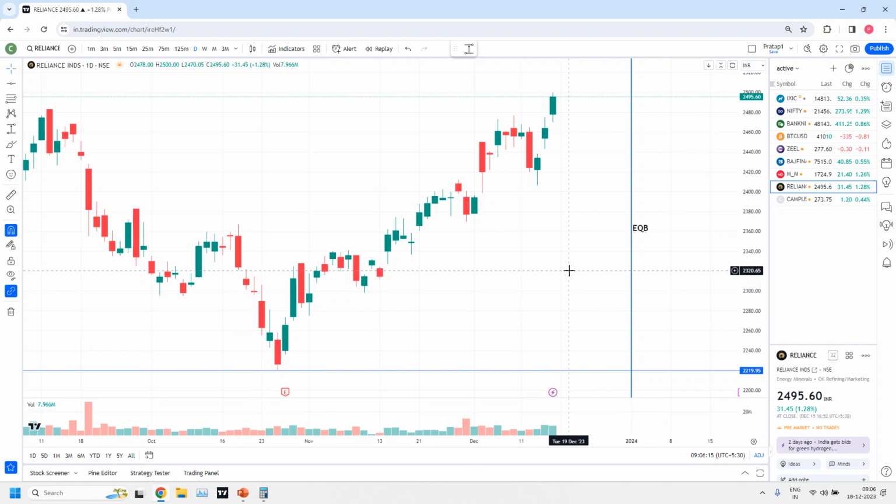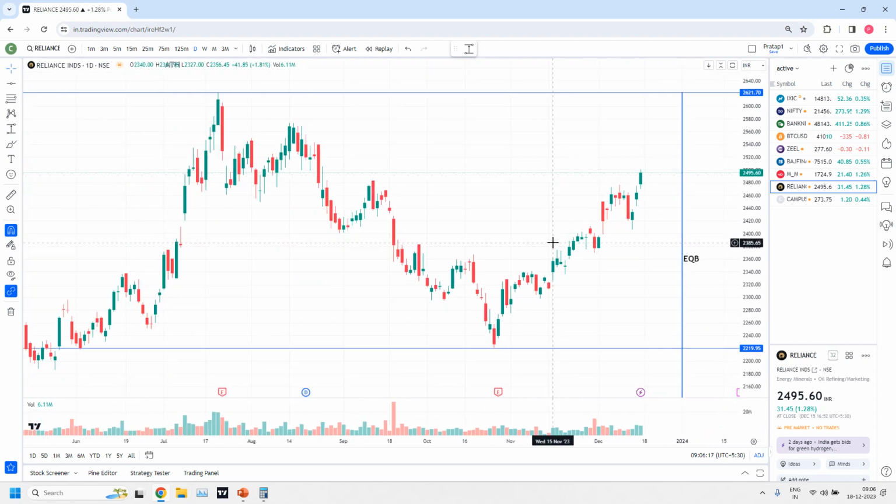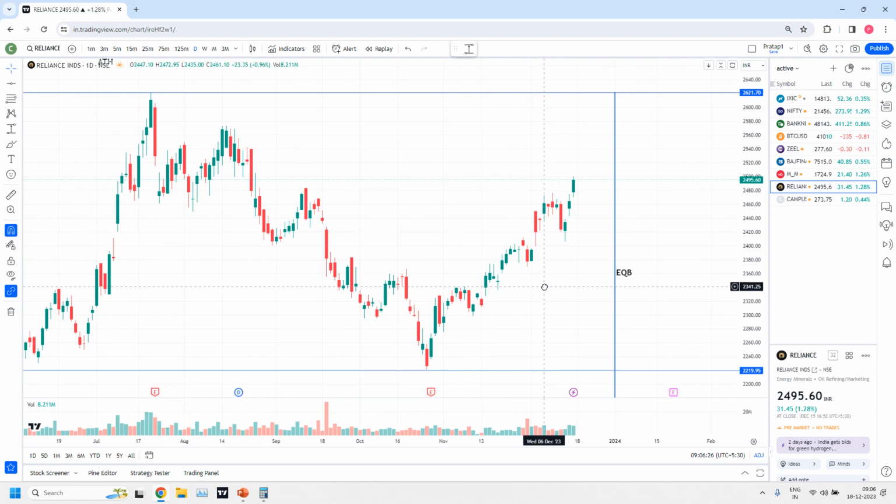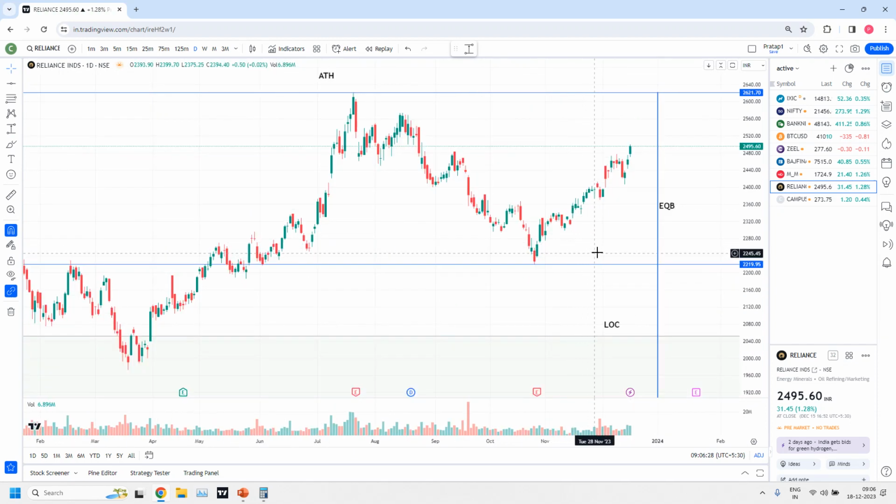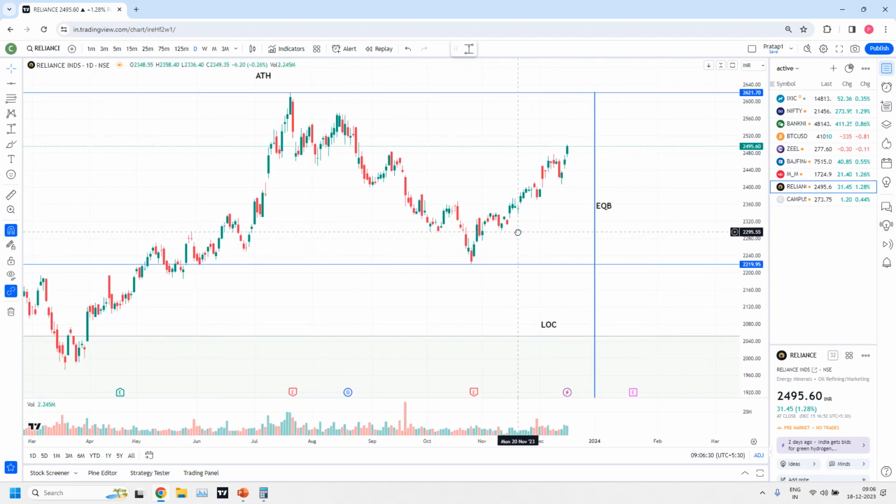Why are we going to the daily time frame? Because we have completed identifying the curve and the trend. Now you need to identify your buying and selling locations. That's why we move to the daily time frame.